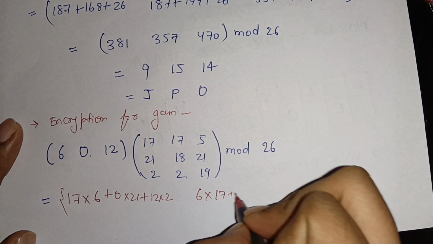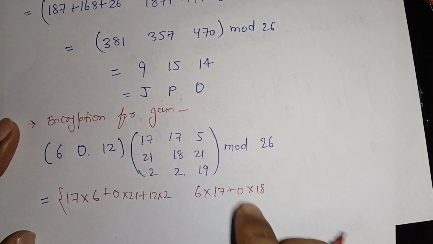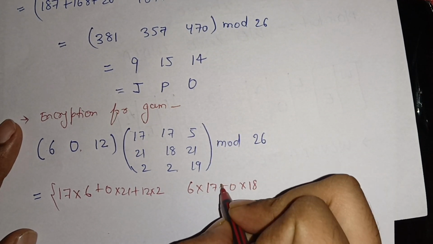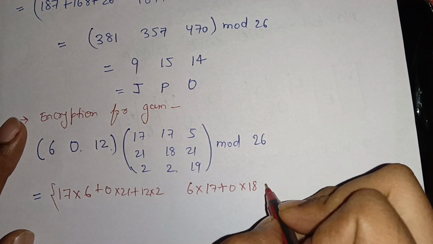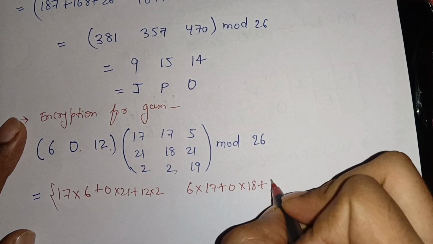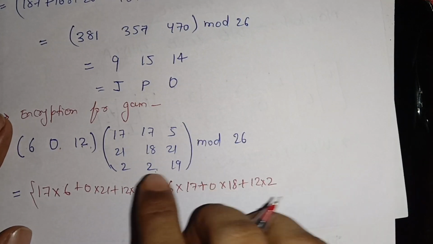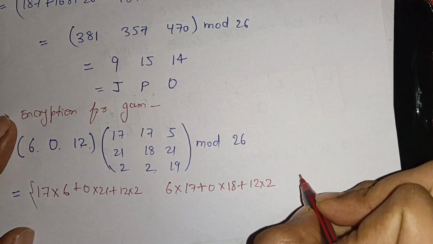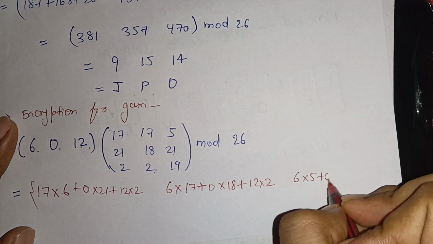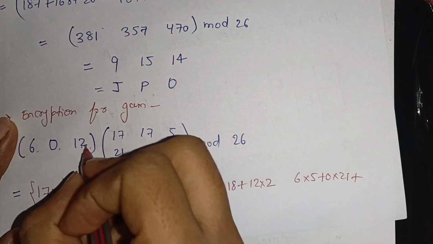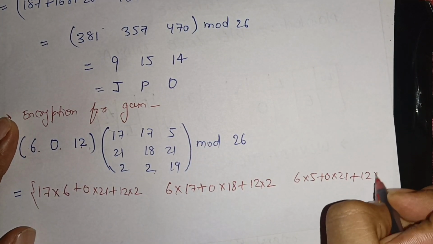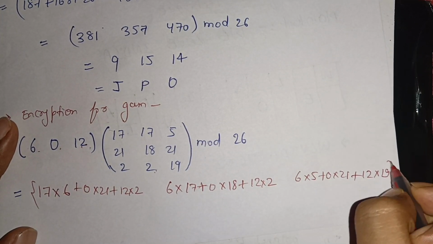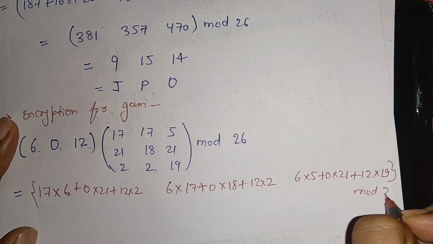Then 0 into 18 plus 0 into 18, and in the middle you just need to have addition, plus 12 into 2. This is simple matrix multiplication you need to perform. Then for the third one, 6 into 5 plus 0 into 21 plus 12 into 19, and then we need to perform mod 26.